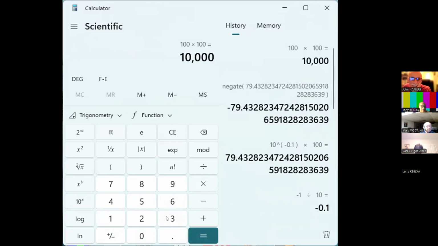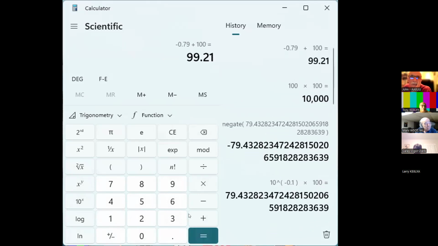And I did that wrong. Thank you. 0.79 inverse plus 100. Oops. That's still wrong. Well, I am just messing this calculator up. 0.79 inverse plus 100.